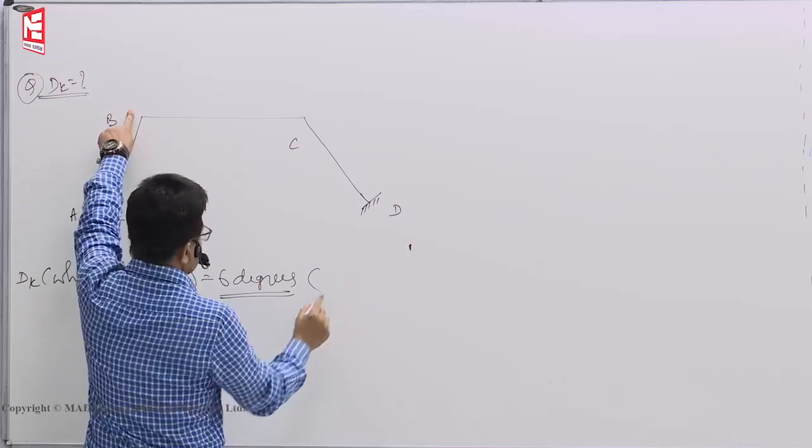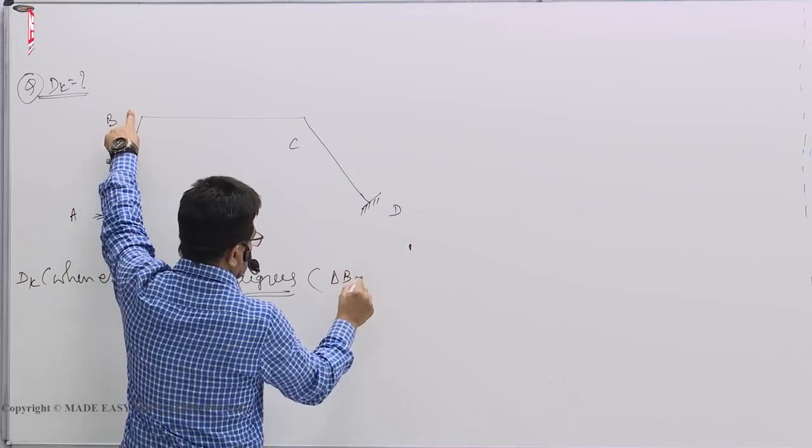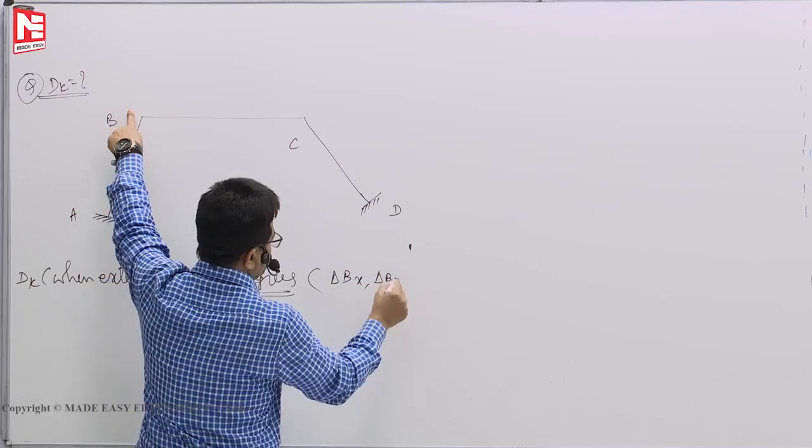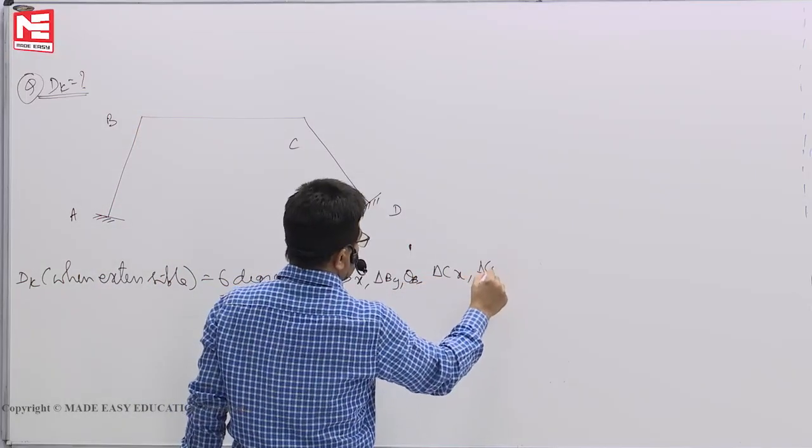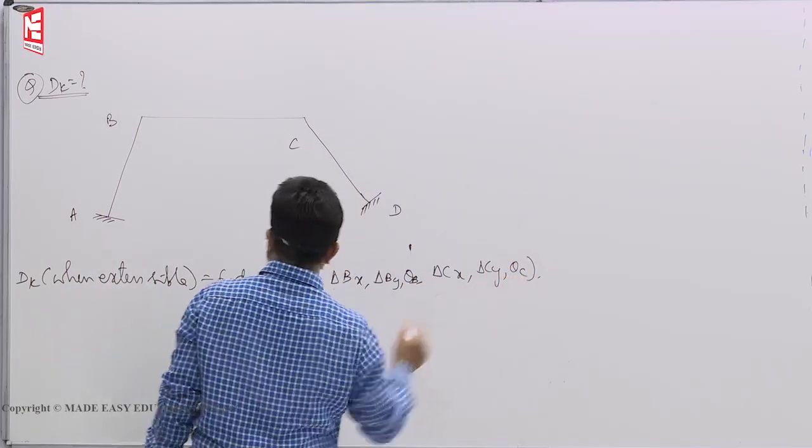What are those 6 degrees? Here are delta Bx, delta By, theta B. Here delta Cx, delta Cy, theta C.